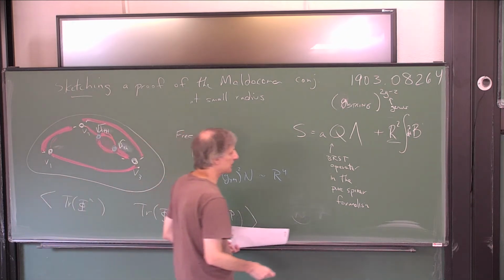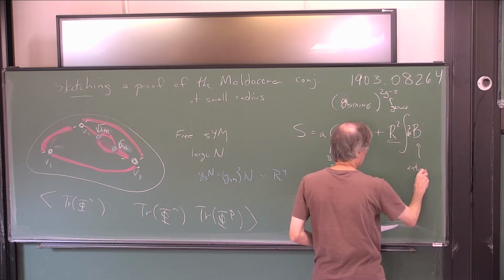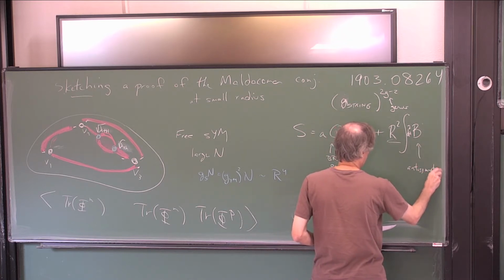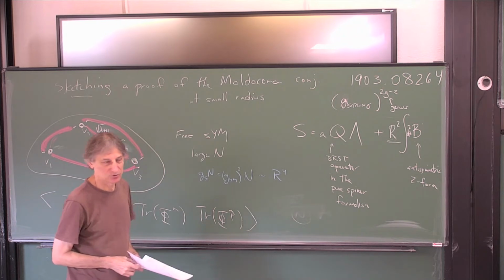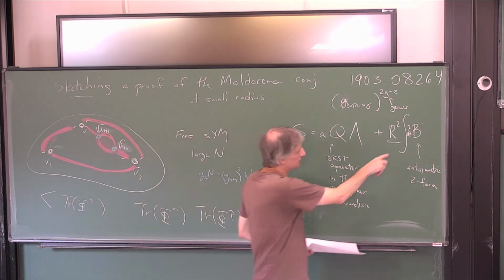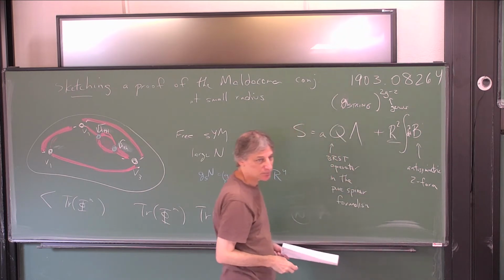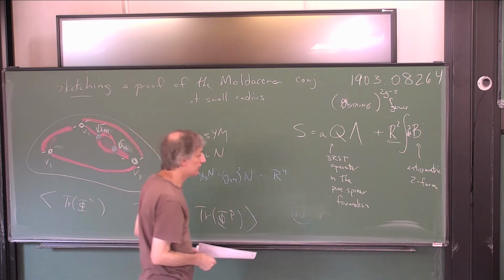And B is going to be some antisymmetric two form. I don't know, you guys know more about topological strings than I do, but it seems to be important that this is an antisymmetric two form, so that it's independent of the two-dimensional metric.